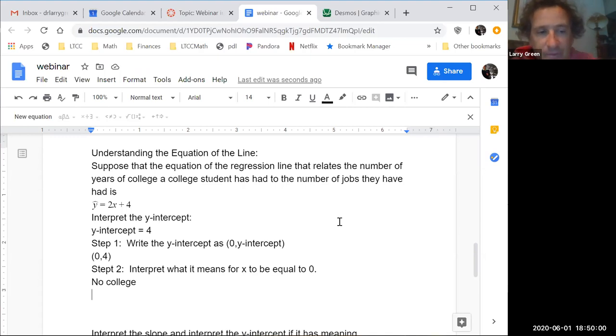Okay. Step 3. Interpret what it means for the y value to be that y-intercept.